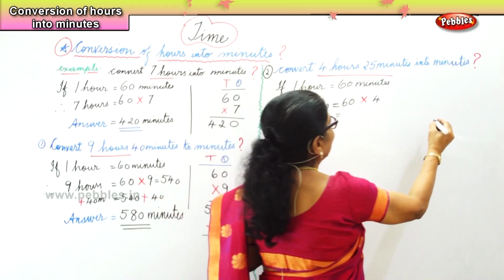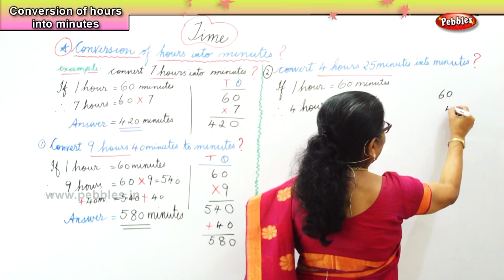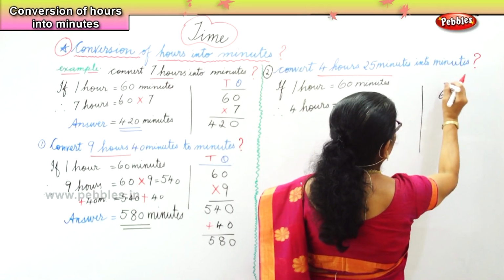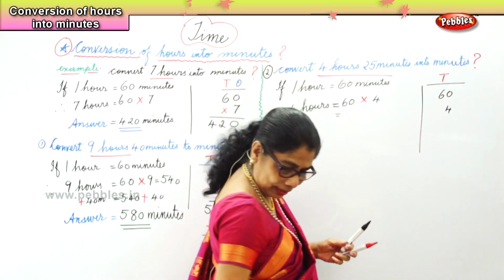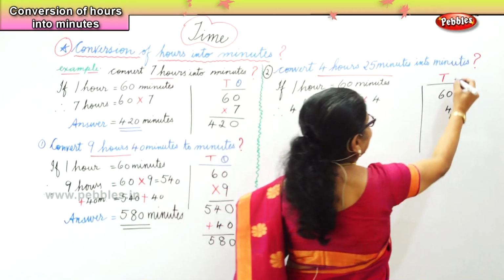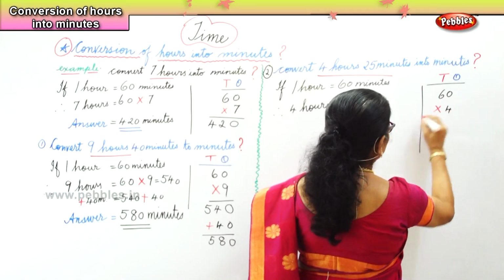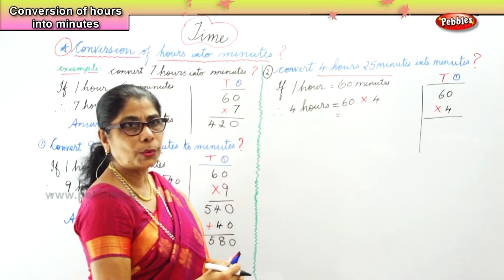Let's look at the margin. Do the margin and let's put down tens and ones, and then we multiply 60 into 4 and add on 25 also.